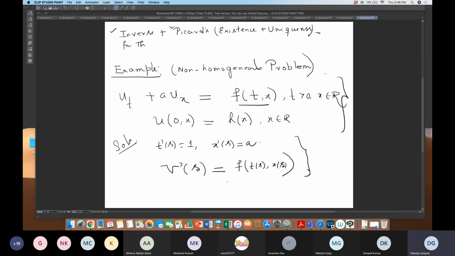But we know that t(s) we can write down. You know what t(s) is from here. t(s) is t naught plus s, and x(s) is x naught plus a s.